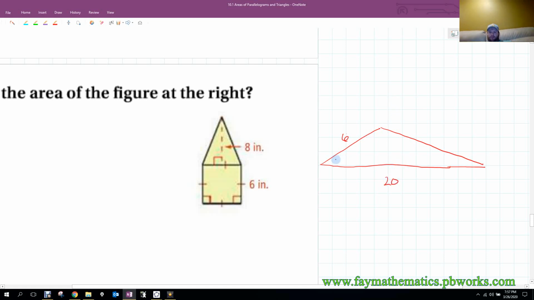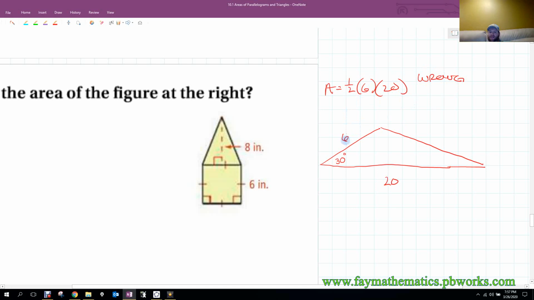And I'll put 30 there, 30 degrees. What I see in the past is somebody trying to find the area of this. A lot of times they'll go 1/2. The two sides they gave me are 6 and 20. I multiply those together. That is wrong.